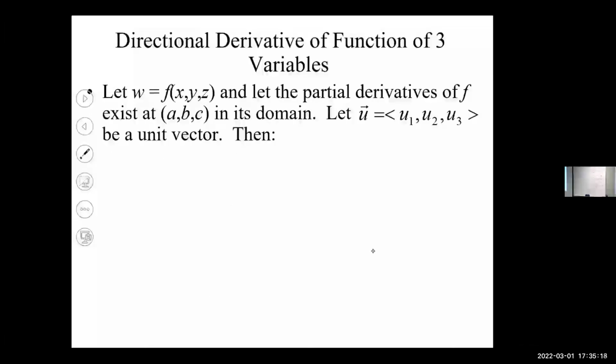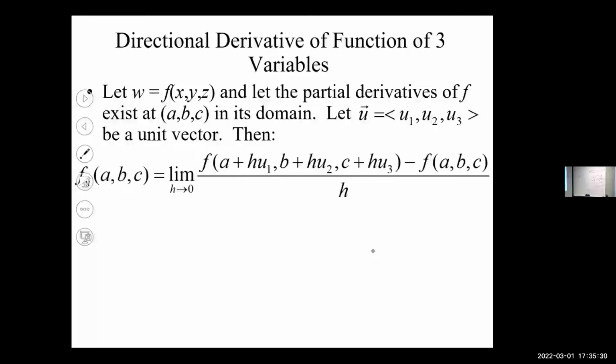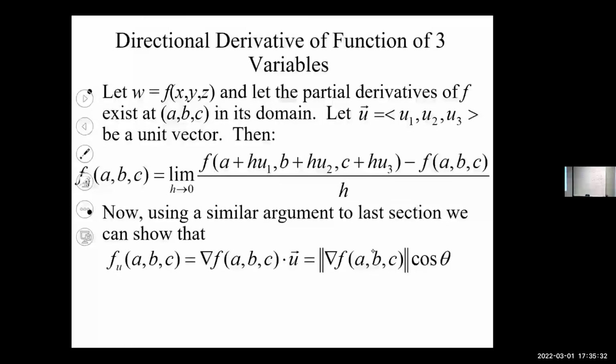I'm not going to spend a lot of time on this. Don't worry about taking notes on this. All this stuff applies in 3D as well. The derivation is a little bit messier than what we did up there, which is why we're not even going to bother doing it. But everything else holds. So if you have a function of 3 variables, if you want to do a directional derivative, it's the gradient dotted with the unit vector in the direction that you're taking the derivative.